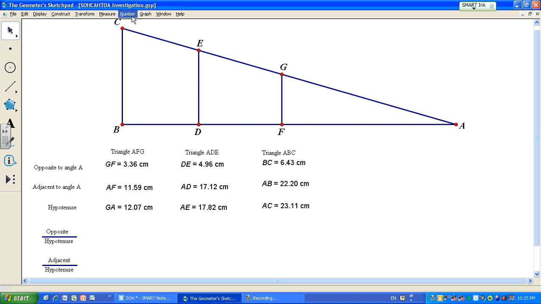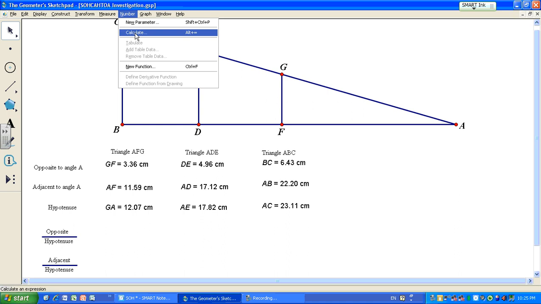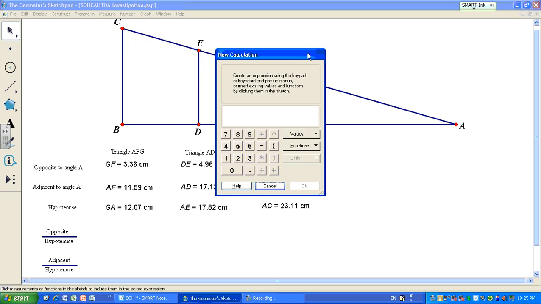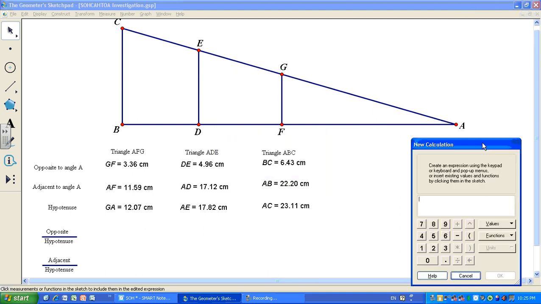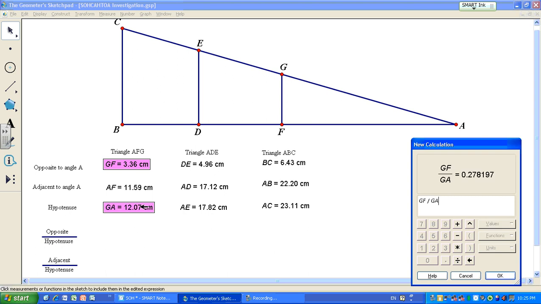So let's see what happens. Let's calculate together opposite over hypotenuse. Opposite of angle A is GF, so I want opposite divided by my hypotenuse, which is right here. Good. I got whatever I got.